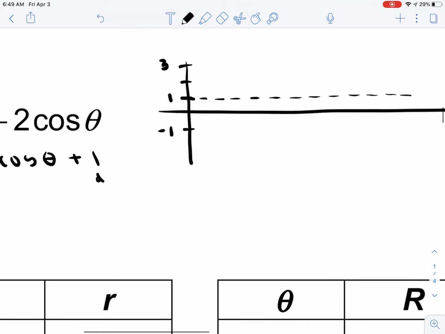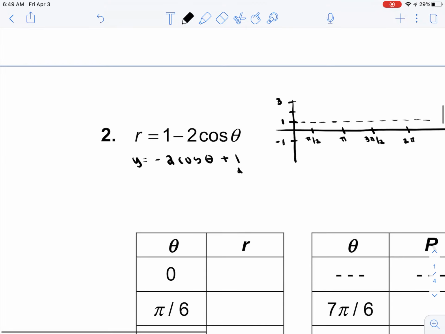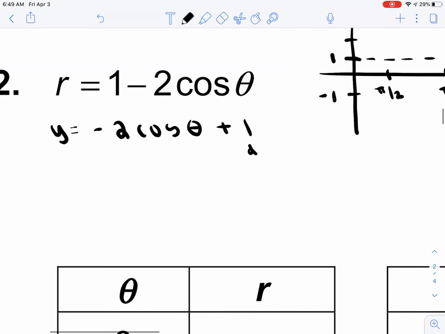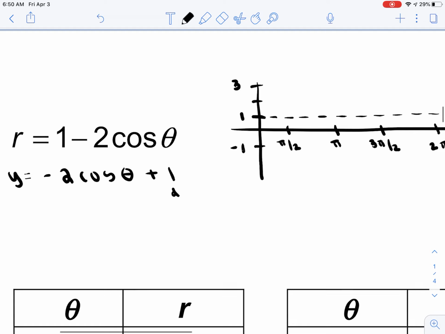Now we still are going to see the period of 2 pi. And we still see that we start at the bottom of the graph because remember cosine that's been reflected will still start at the bottom.